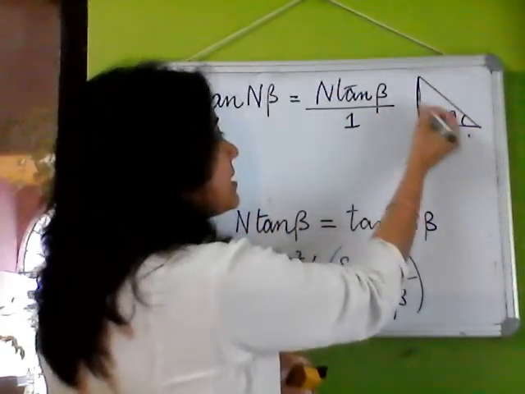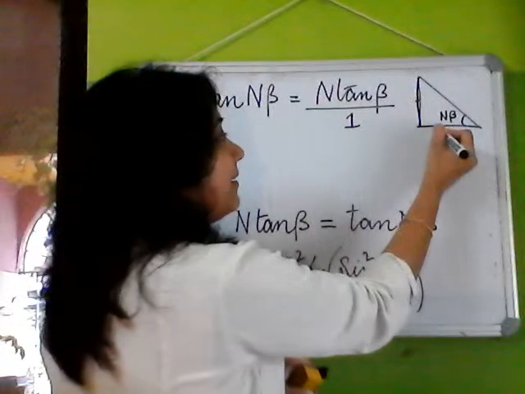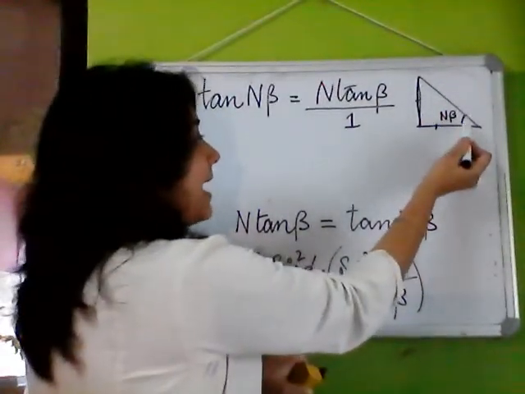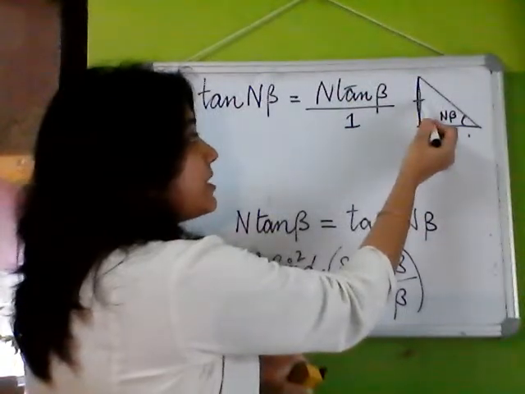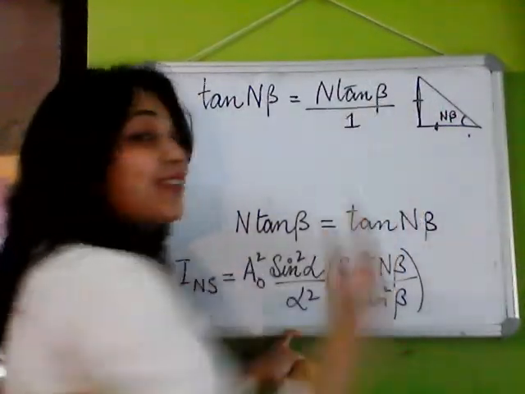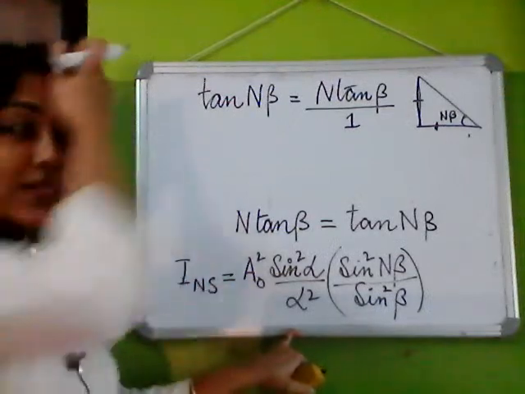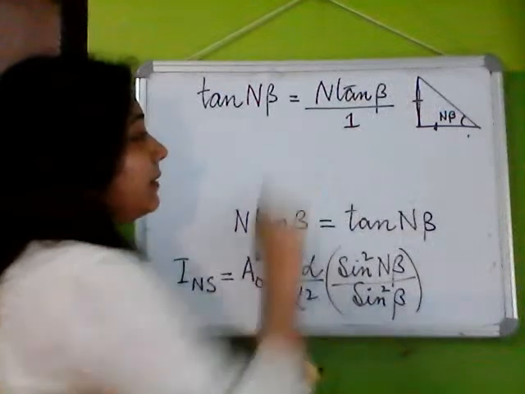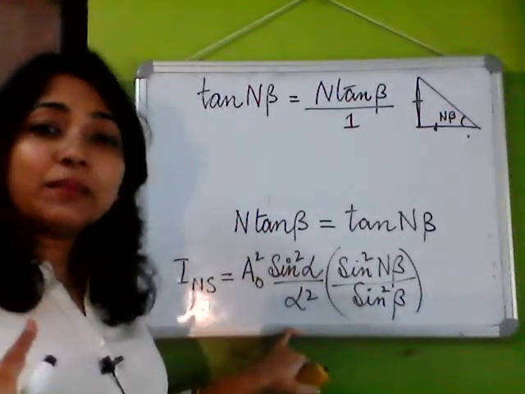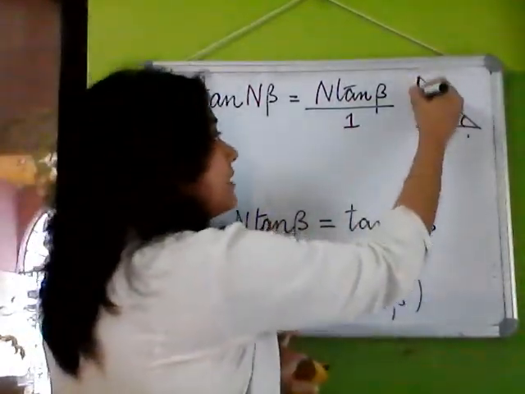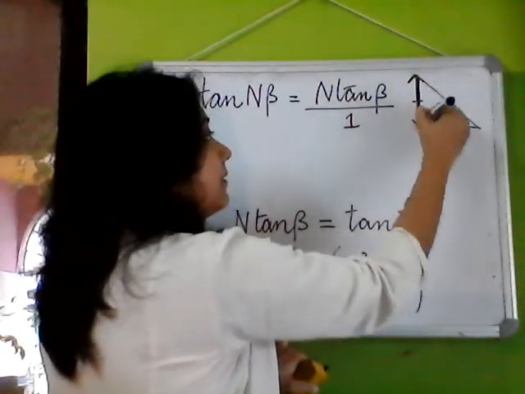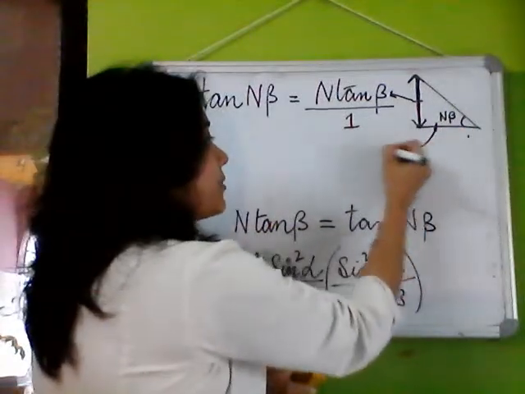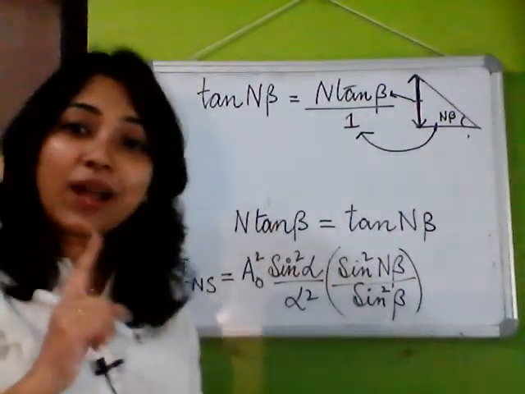Tangent of any value is the opposite by the base, isn't it? We generally write tangent of any angle as equal to the opposite of this triangle over the base of this triangle, isn't it? Now, since tan n beta is n tan beta by 1, isn't this showing me that the opposite side of this triangle is n tan beta, whereas the value of this base is unity, is 1?